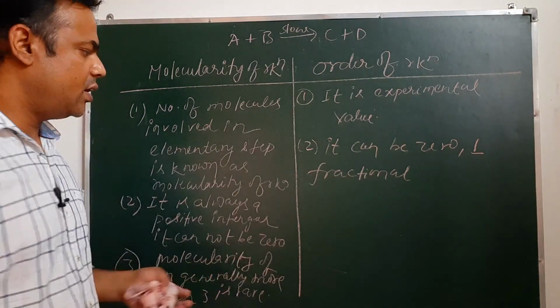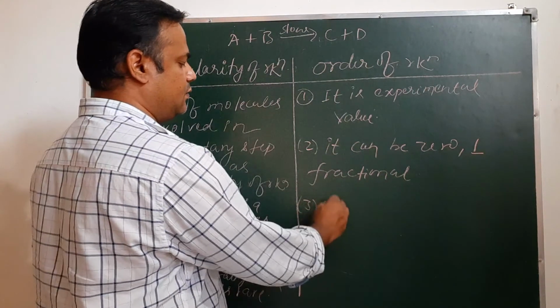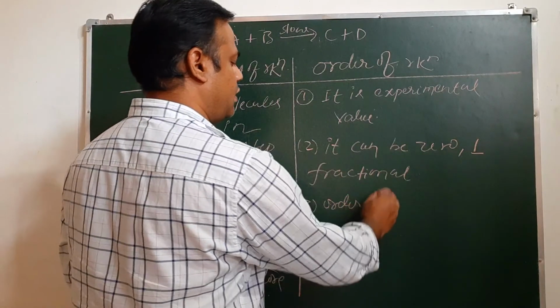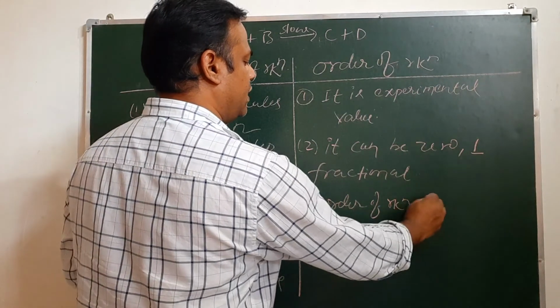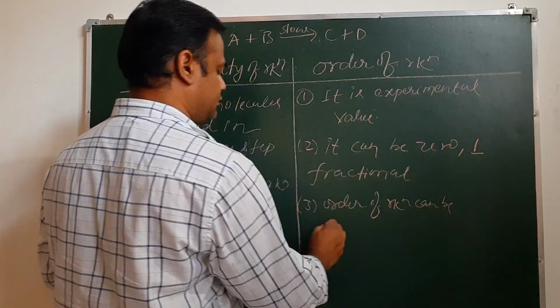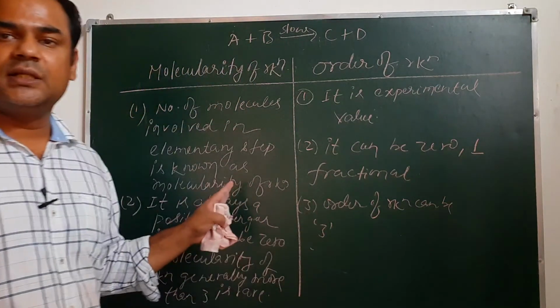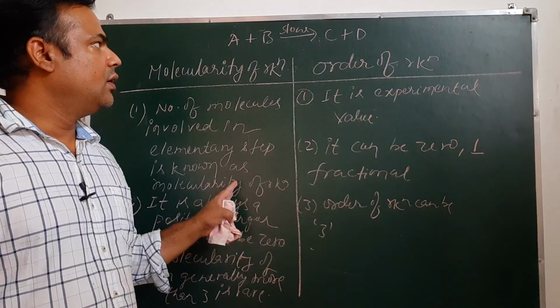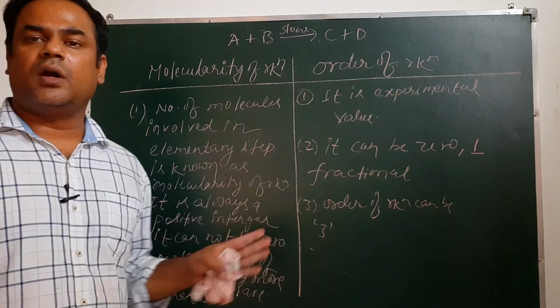Order of reaction can be 3. So these are the differences between molecularity of reaction and order of reaction.